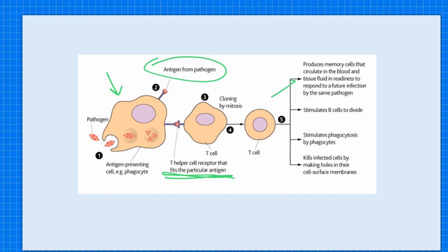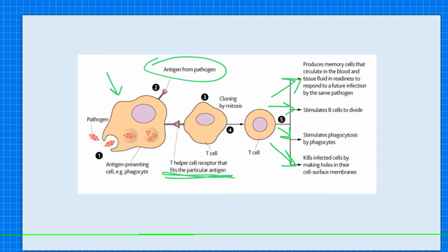We'll talk about memory cells later on in another video, but it also stimulates B cells to divide by mitosis, stimulates phagocytosis, and cytotoxic T cells kill infected cells by making holes in the cell surface membrane. A reminder: this is a cellular response, so it responds to an organism's own cells that have been infected, for example, by a virus.